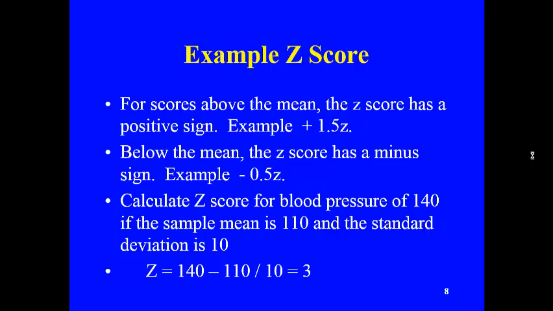It's straightforward to plug these numbers into our equation. The z-score equals the value, 140, minus the average, 110, the mean, over the standard deviation, which is 10. If you do that using the calculator, you will get 3.